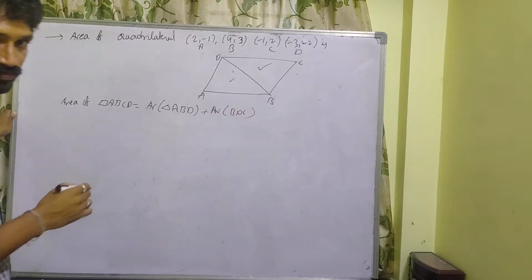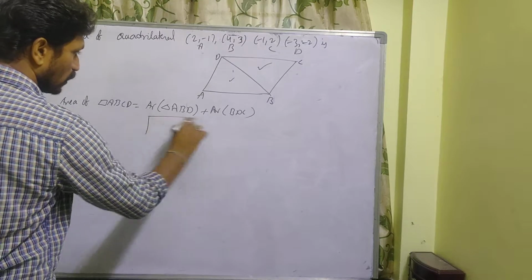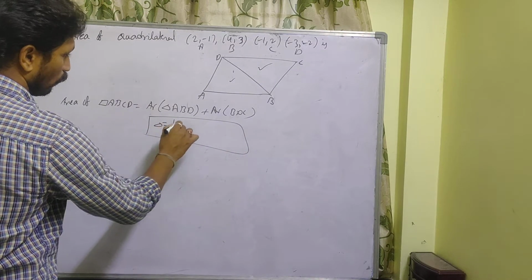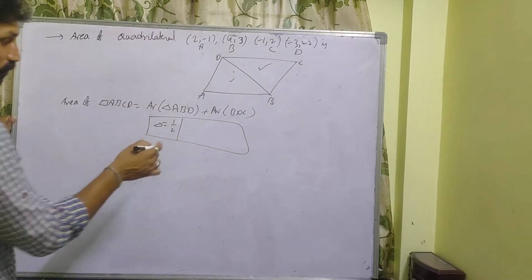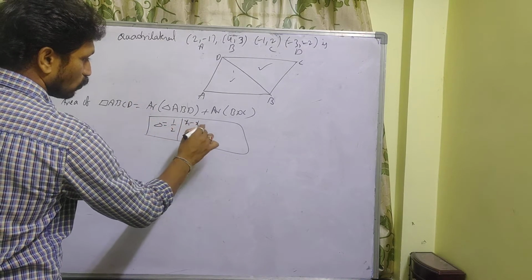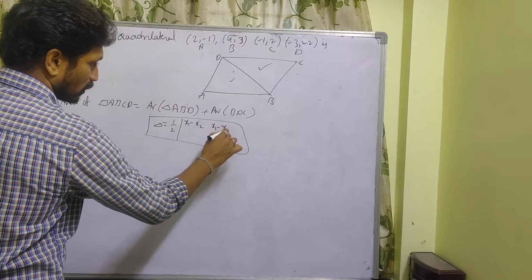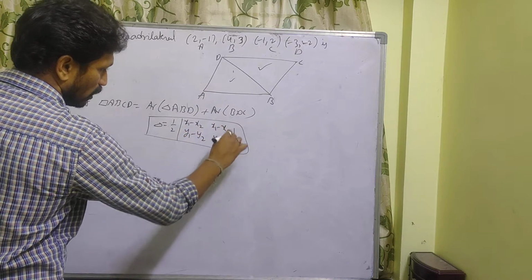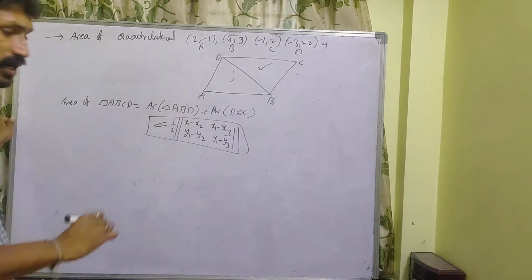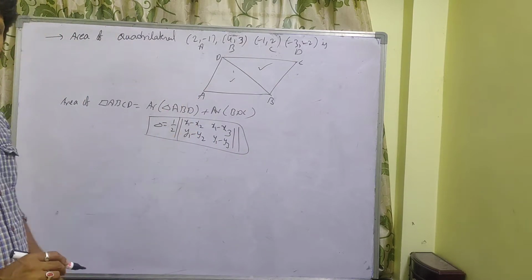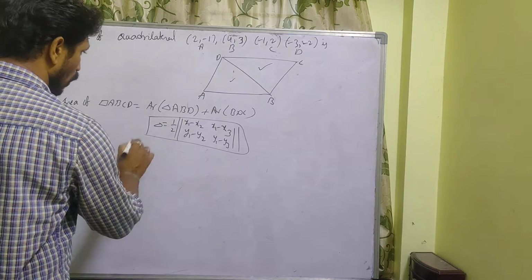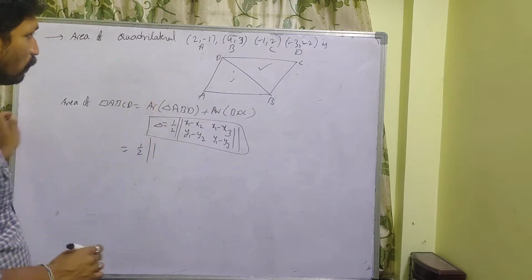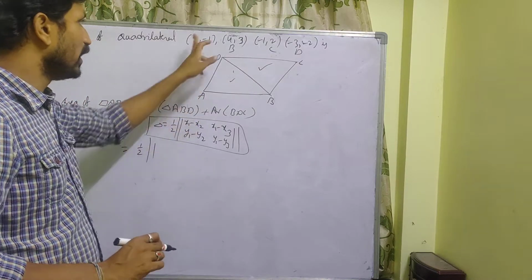This is one way. So in general, what is the area of triangle? Delta is equal to half into, so a short formula I am giving here: x1 minus x2, x1 minus x3, y1 minus y2, y1 minus y3. So determinant and modulus. Okay, if you use this formula, what do you get? Half into modulus of determinant of, first, ABD.